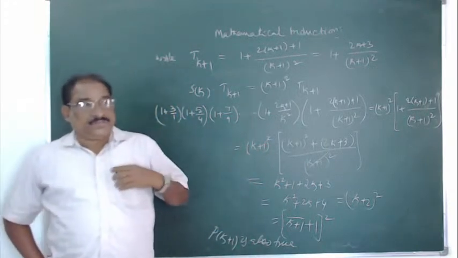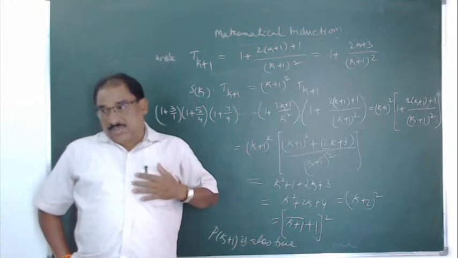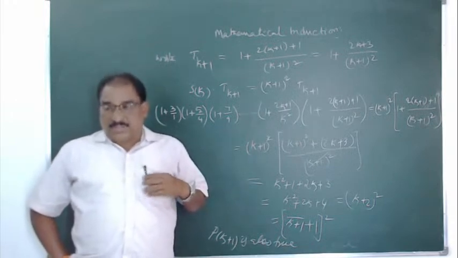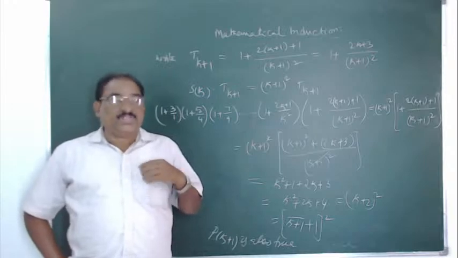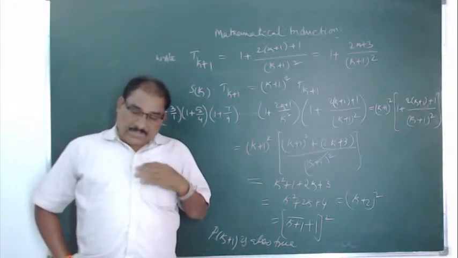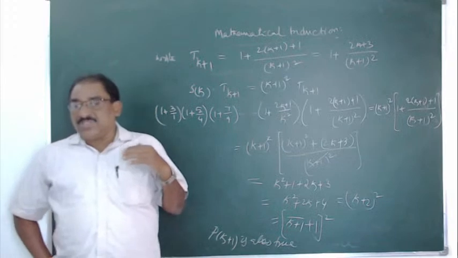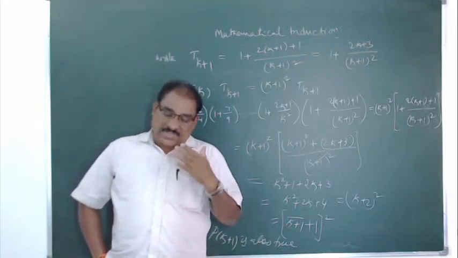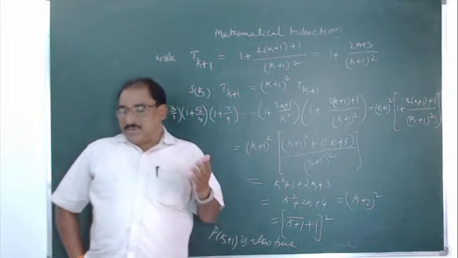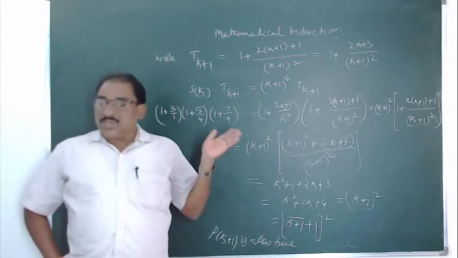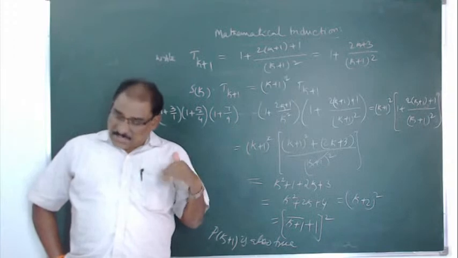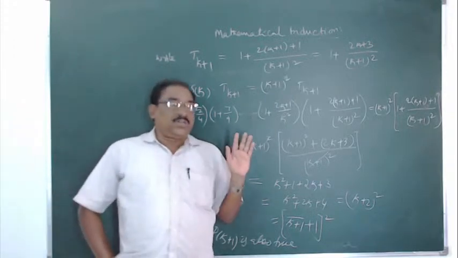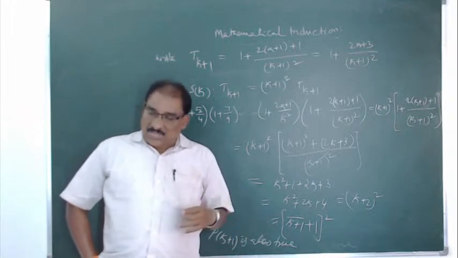What is our plan? Our plan is to solve this statement by mathematical induction using three steps. Step 1 is the basis of the induction. That is, let P of 1 be true. That is, the given statement is true for n equal to 1. Okay. The second step is the inductive hypothesis.